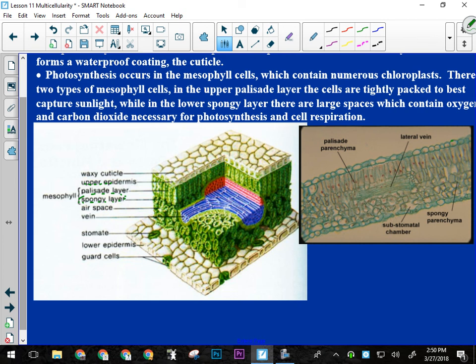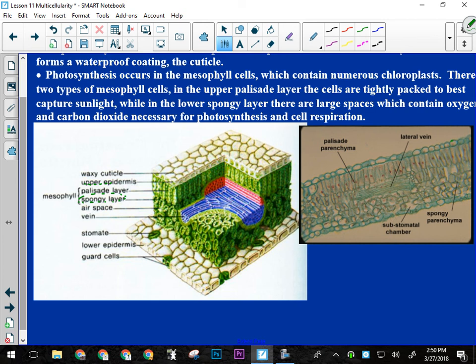It's essentially where gases get exchanged for photosynthesis. So carbon dioxide comes in, oxygen goes out, and water vapor goes out with it when that happens. That's where the gases get stored for exchange. That's why there are big gaps between the cells. We need spaces between the cells for those gases to sit. They can't do that in the palisade layer because there's no room.